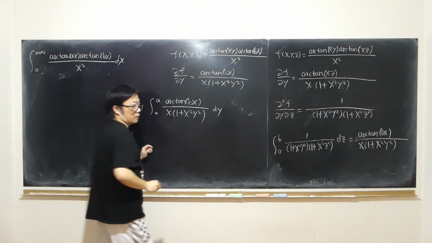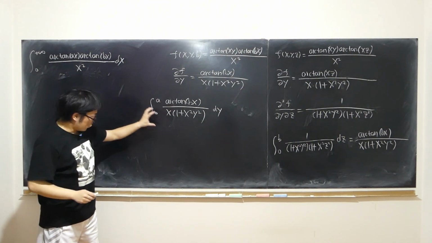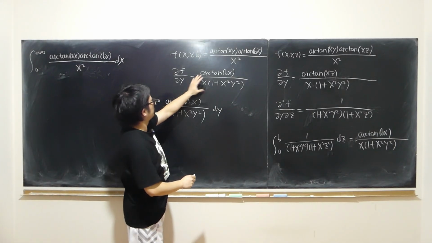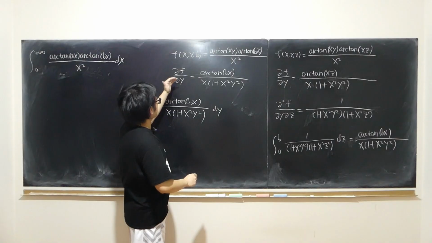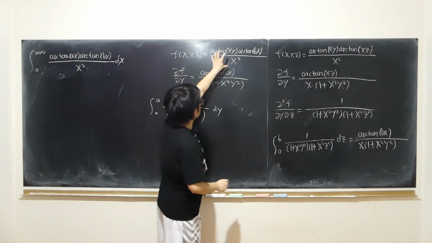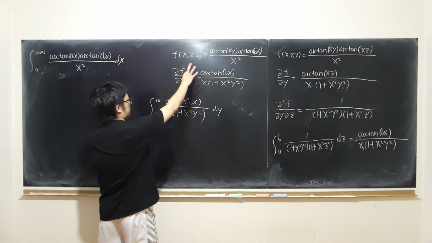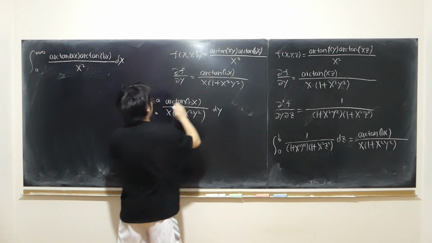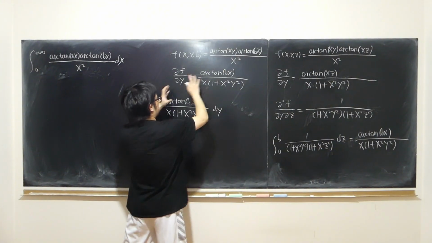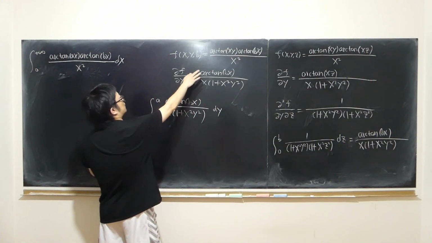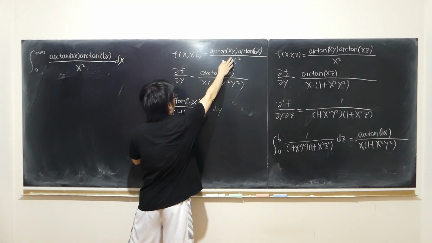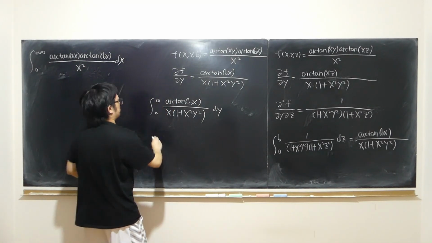I immediately have, using its antiderivative. What's its antiderivative? Before I differentiate with respect to y, this is my antiderivative. Use its antiderivative, plug a into y, and then plug 0 into y. Take the difference. Arctangent 0 is 0, doesn't matter. So all you have to do is to replace y with a.